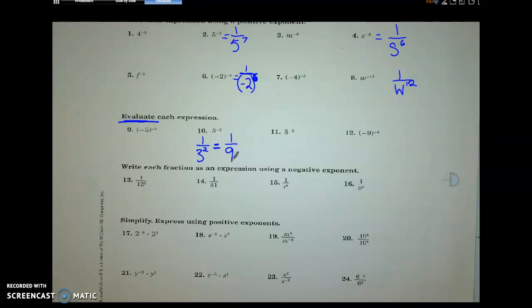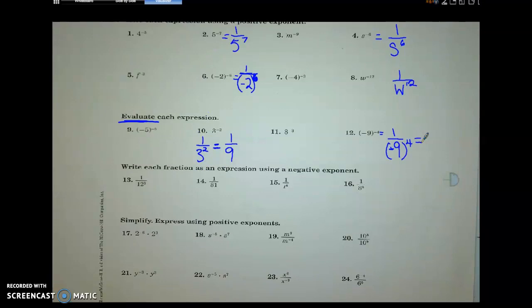Okay, looking at number 12. So that negative exponent is going to tell me to turn it into a fraction. So I end up with 1 over, I'll keep my parentheses, negative 9 to the 4th power, and then I've got to evaluate.